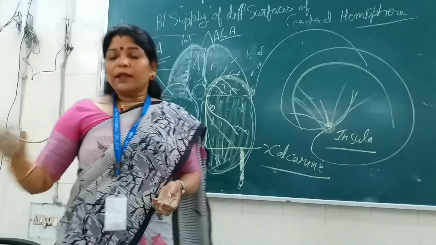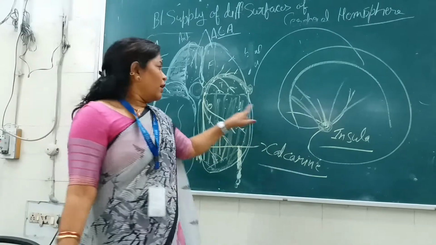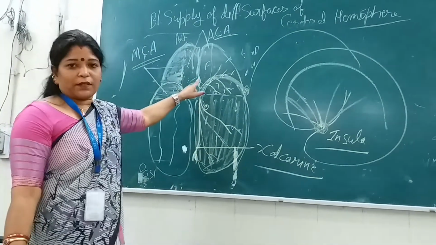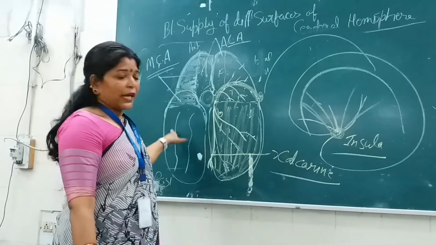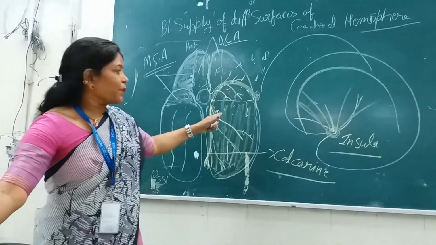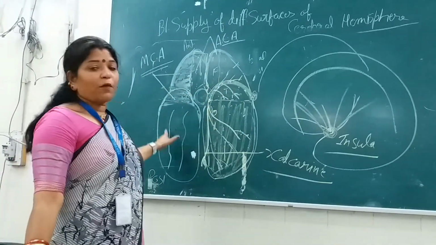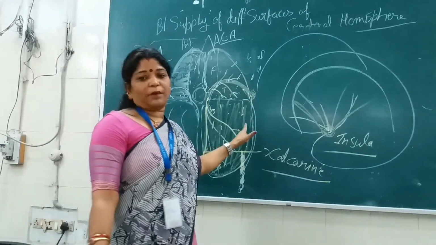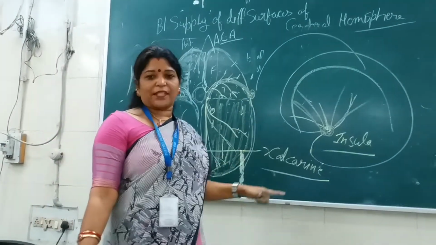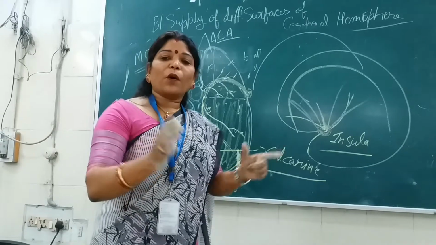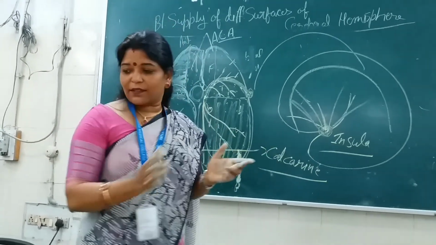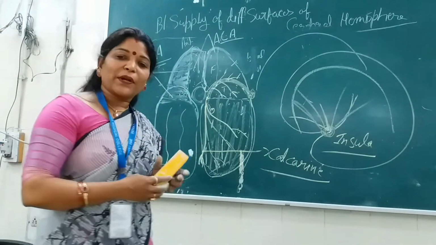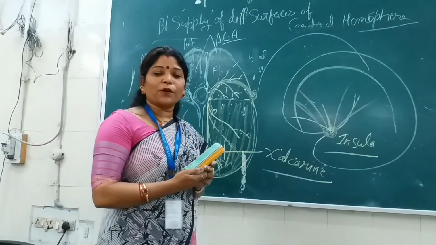Now, there is a peculiarity here. These are the cortical branches, isn't it? These surfaces that we have discussed here, this was the diagram related to the cortical branching pattern on the different surfaces of the brain. But what about the central branches of the circle of Willis? How does it supply the deeper structures?